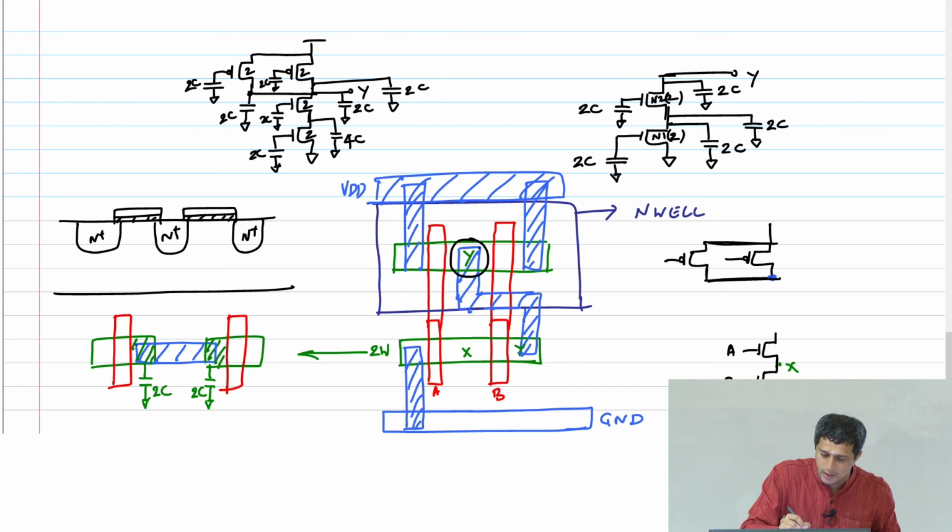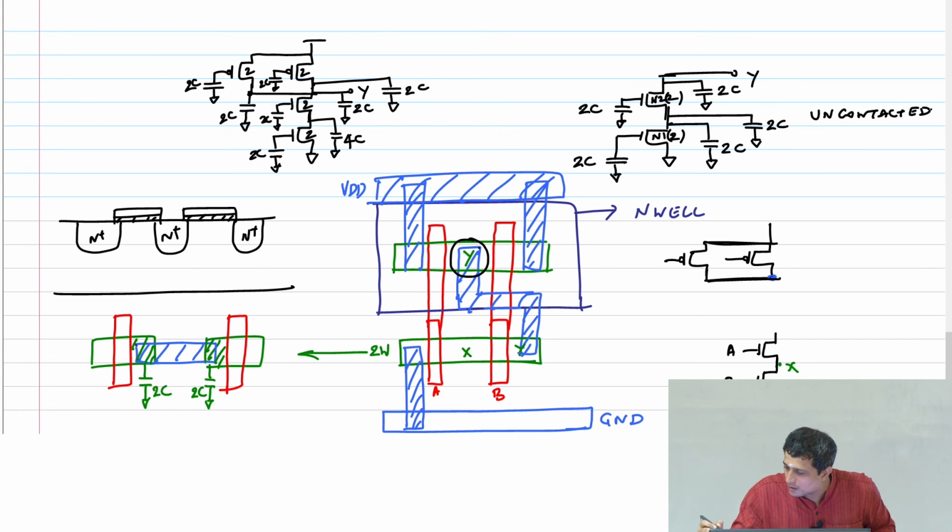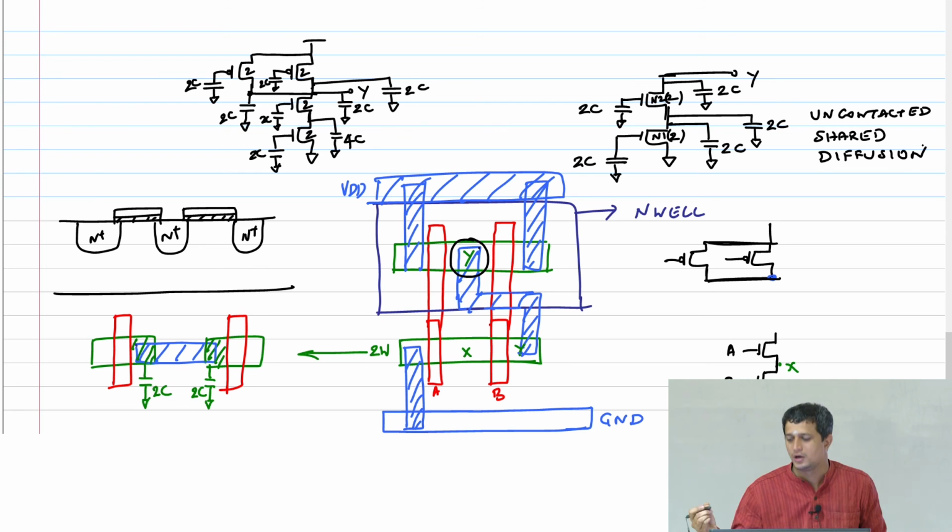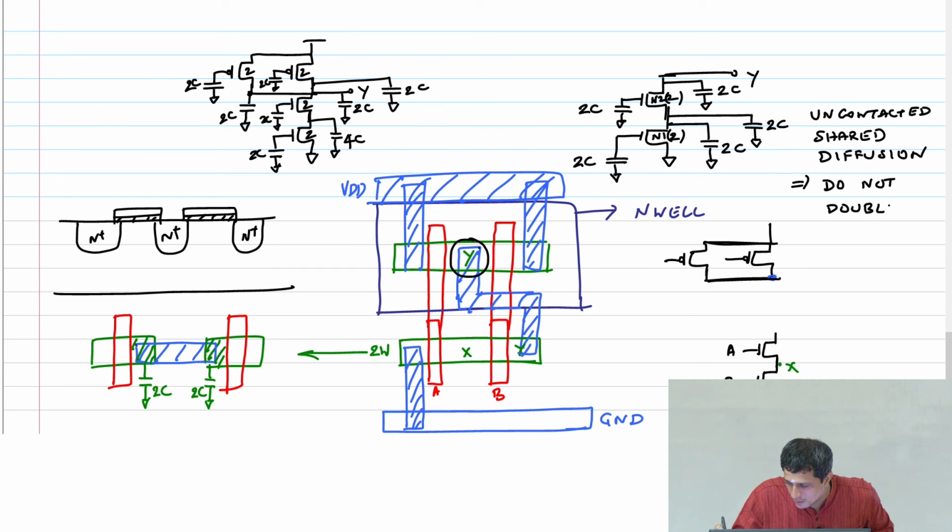So here this is a contacted shared diffusion, and therefore implies do not double count cap.